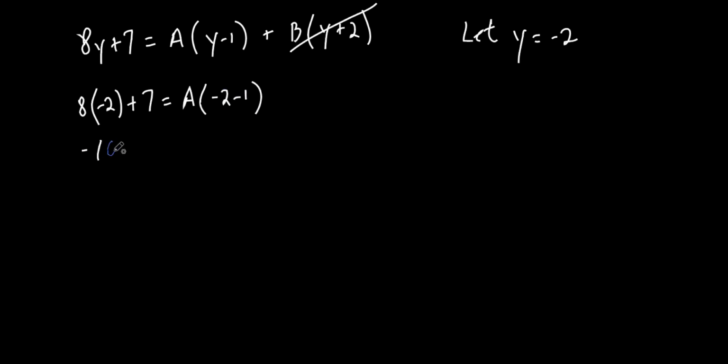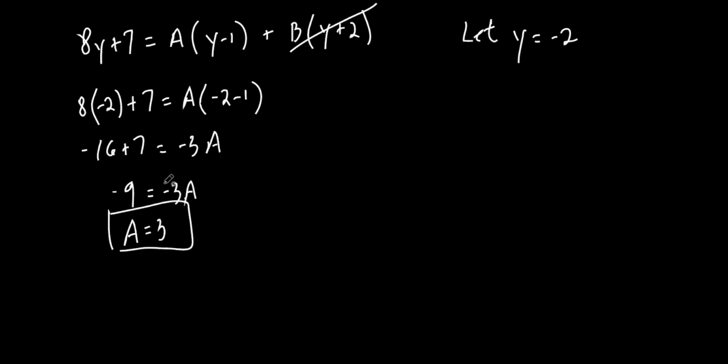All right, that's negative 16 plus 7, and that's negative 9, equals negative 3A. Am I doing the math right? Okay. Divide both sides by negative 3. A is positive 3. I'll put it in a box. It's not my answer, but I'll put it there for safekeeping.